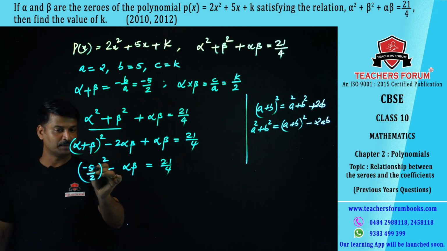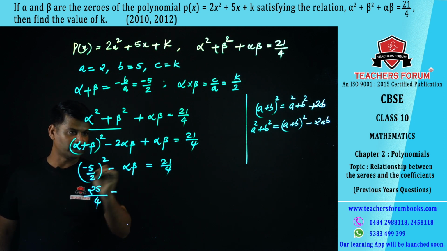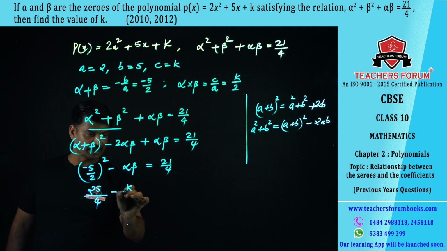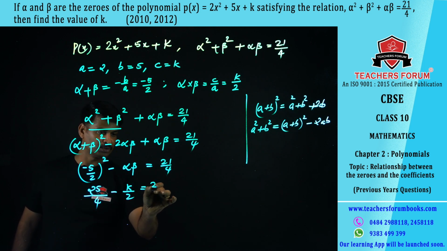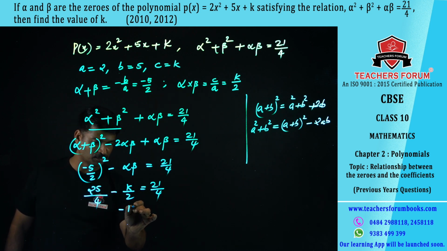What is minus 5 by 2 the whole square? 5 square is 25, 2 square is 4, minus alpha into beta. Alpha into beta is k by 2, that is equal to 21 by 4. Now you can find out minus k by 2 from here, isn't it? What is minus k by 2?